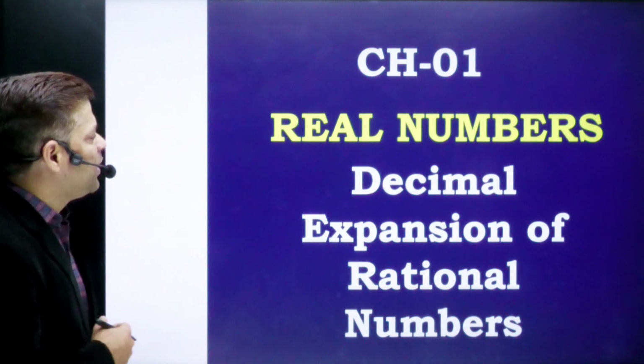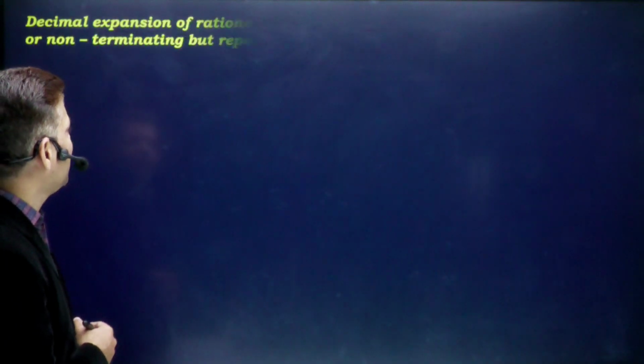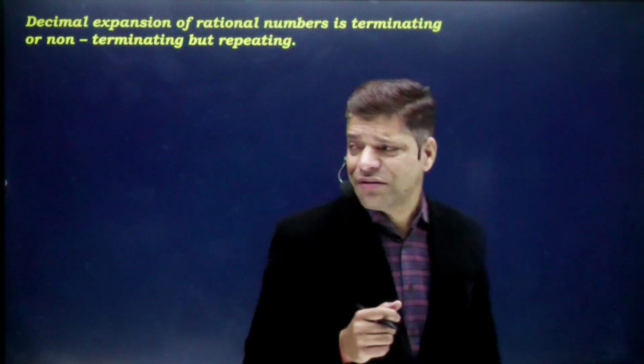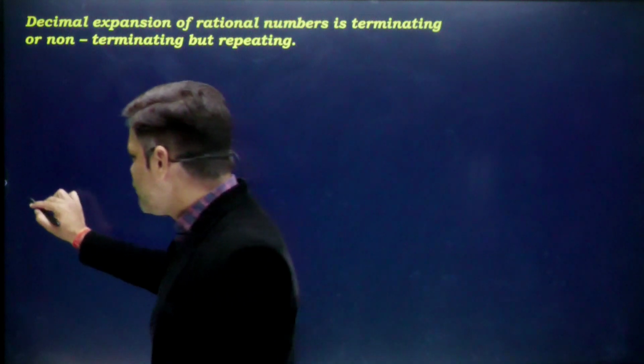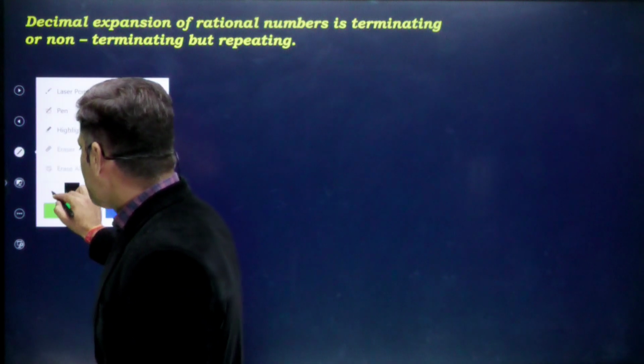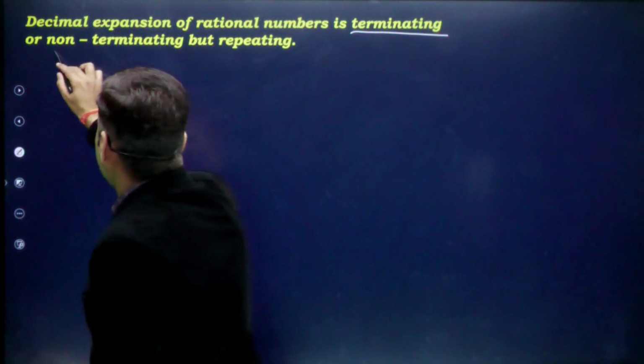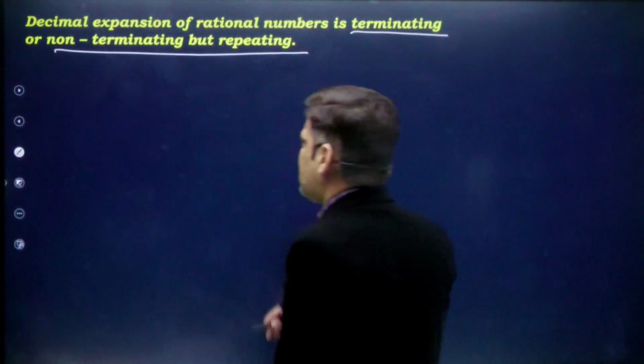Okay, so let's see the decimal expansion of rational numbers. As we know, the decimal expansion of rational numbers is terminating or non-terminating but repeating.